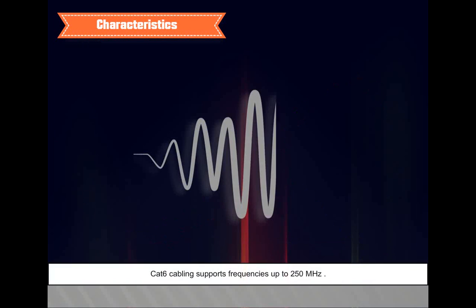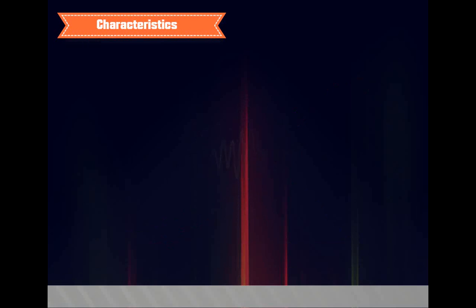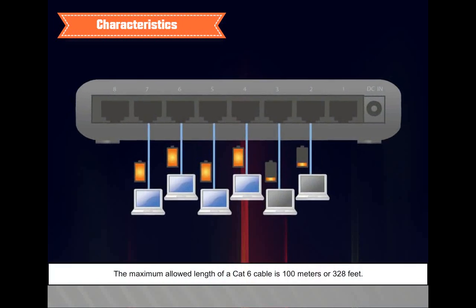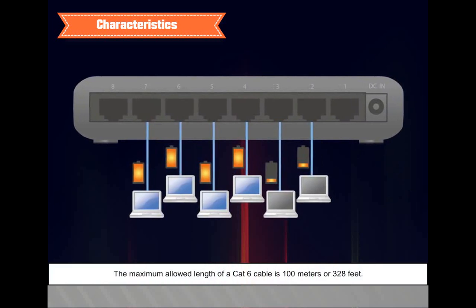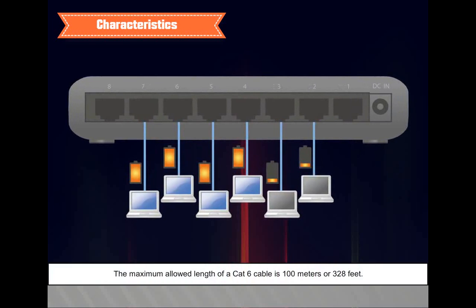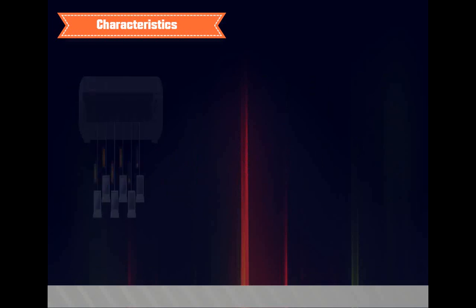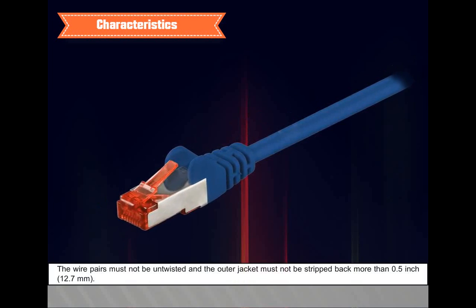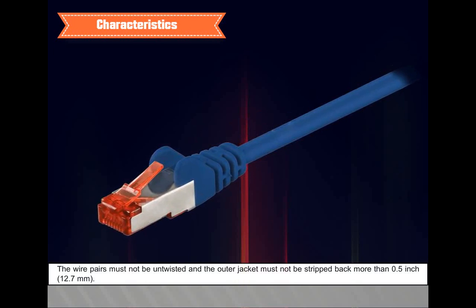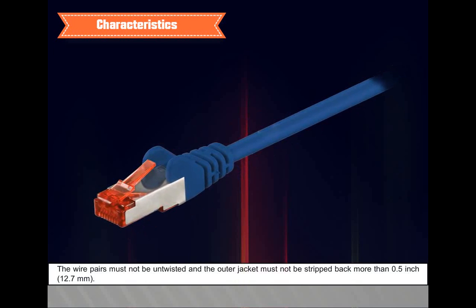Cat6 cabling supports frequencies up to 250 MHz. The maximum allowed length of a Cat6 cable is 100 meters or 328 feet. The wire pairs must not be untwisted and the outer jacket must not be stripped back more than 0.5 inch, that is 12.7 mm.